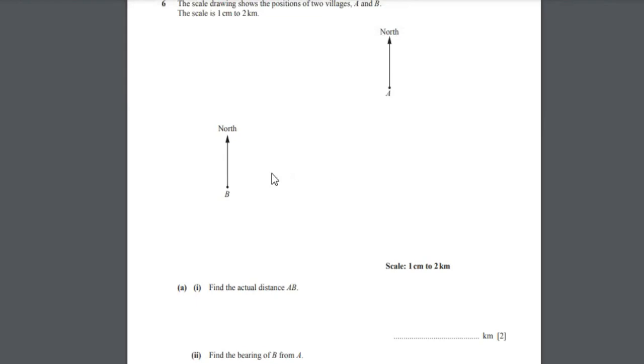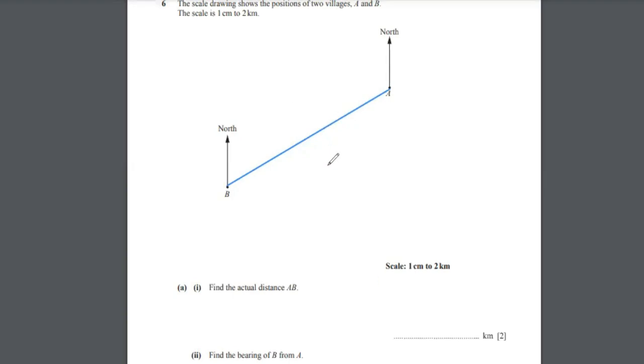For that, you need to measure the distance using a ruler, which will be available to you. You will measure the distance from A to B, and obviously you will measure it in centimeters. And whatever your answer will be, you will just multiply it by 2 to get the kilometers.